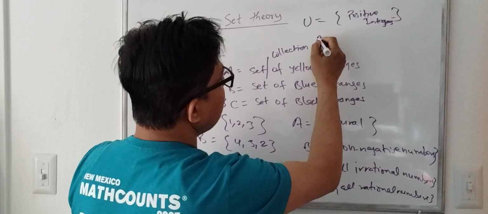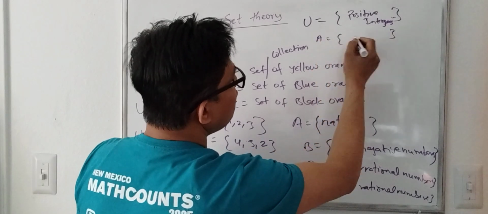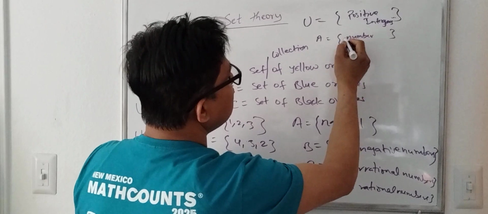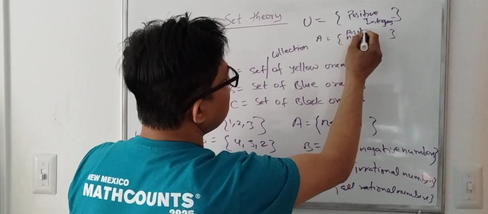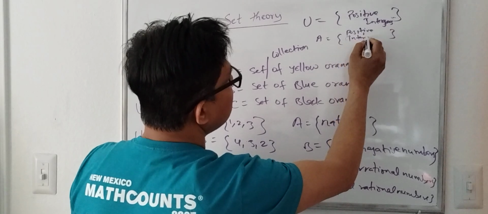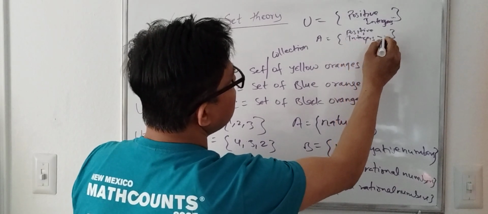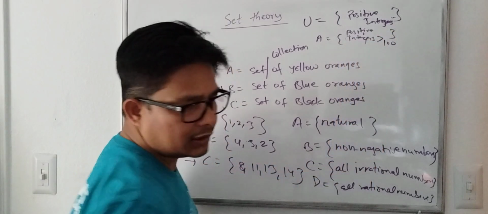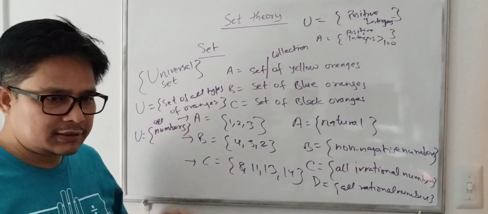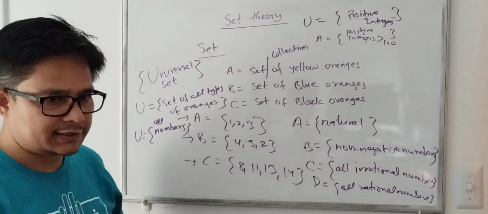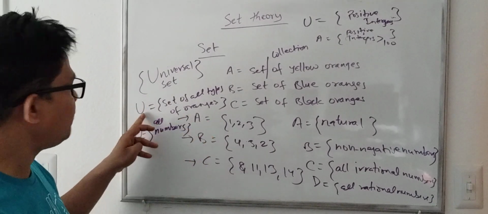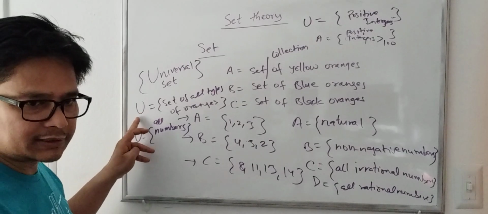And then you can say, okay, A is all the positive integers greater than 100. Something like that. It's up to you. You can define it in any way. Okay, this is the basic definition of a set and a universal set. Basically, all these sets will be part of this universal set.